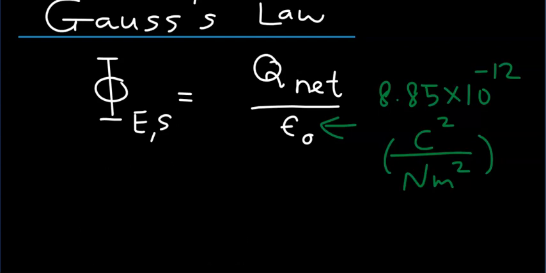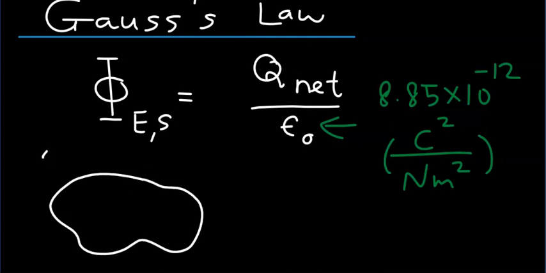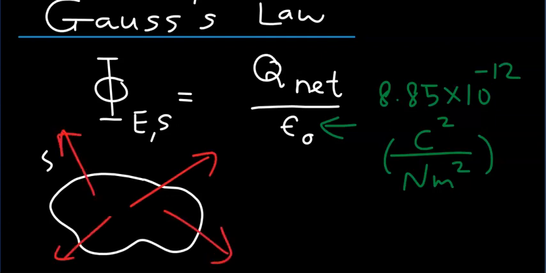So what Gauss's law says is that if you have an arbitrary closed surface S, and electric fields going like that, the electric field may be non-uniform and act in some complicated way. The electric flux due to this electric field through the surface S is given by this expression.